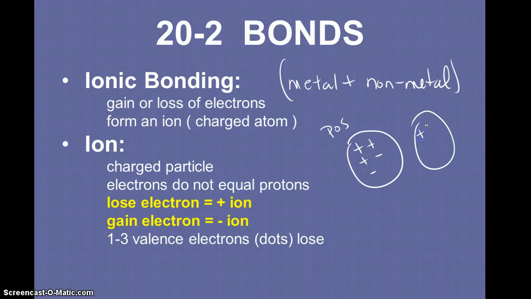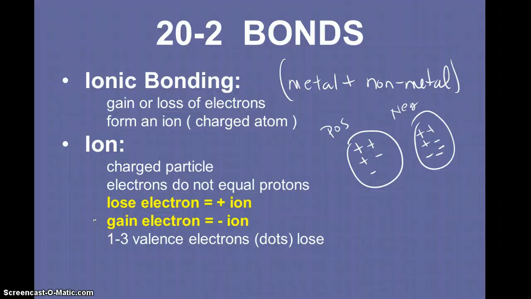If I have an atom, assuming it's neutral, and say this atom gains an electron, it is now more negative. So we're saying here, if anything loses an electron, it becomes positive. If an atom gains an electron, it becomes negative. Negatively charged, positively charged. Okay?